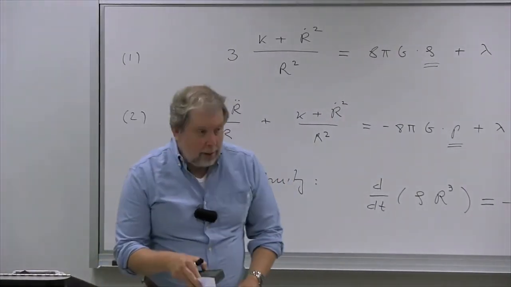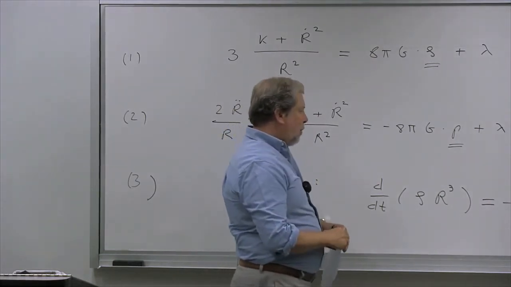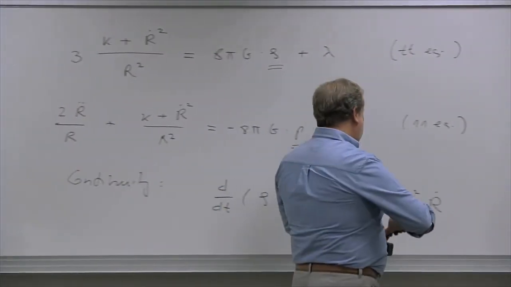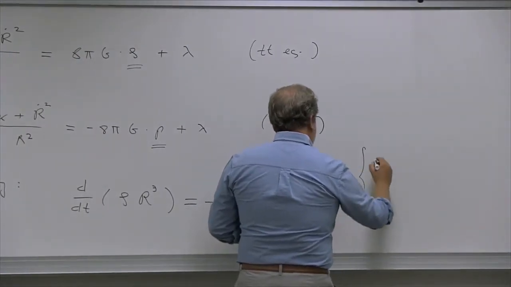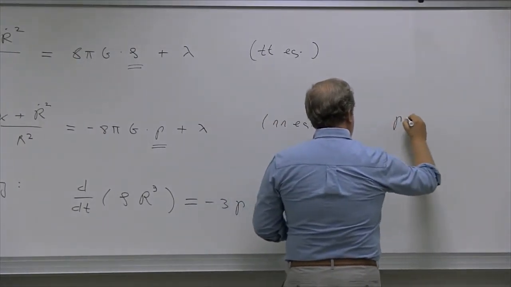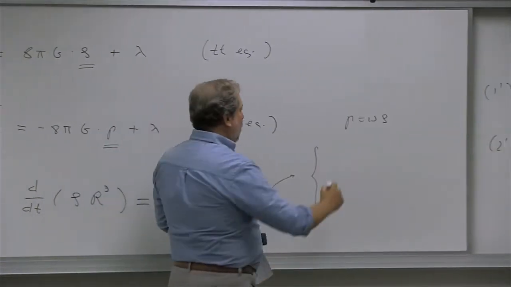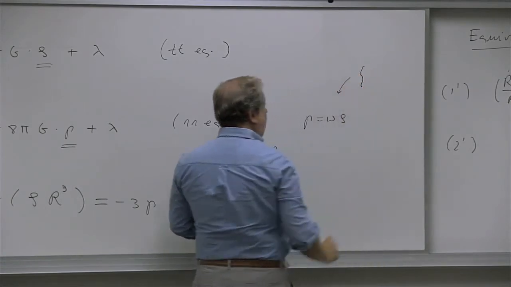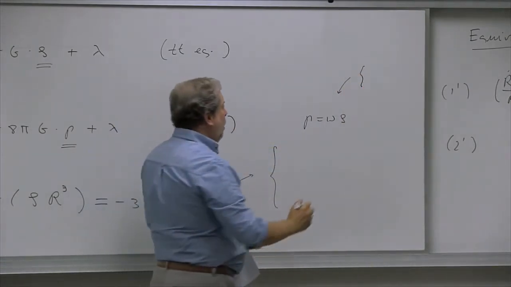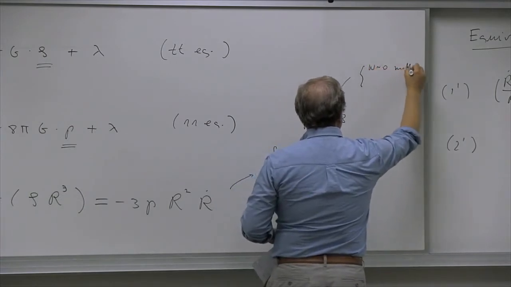Now, the other thing that you can check is, let me write that here, right? So remember that the pressure is W times rho, right? And this W can take essentially, well, I would say 2 values, maybe 3, right? And so if W is 0, we have matter.